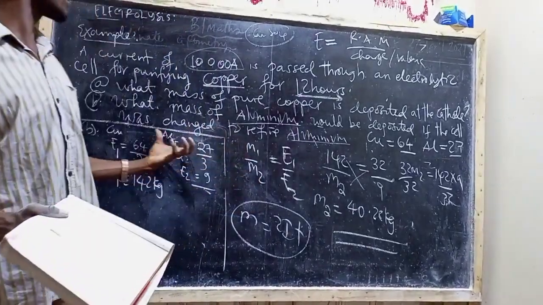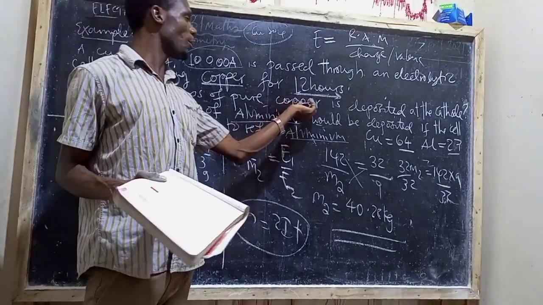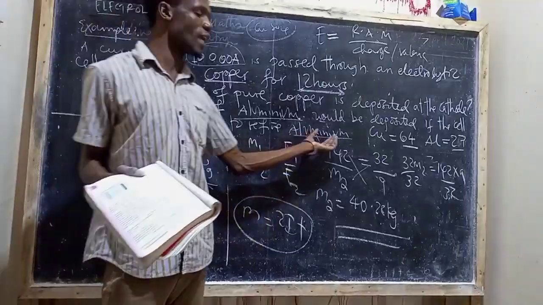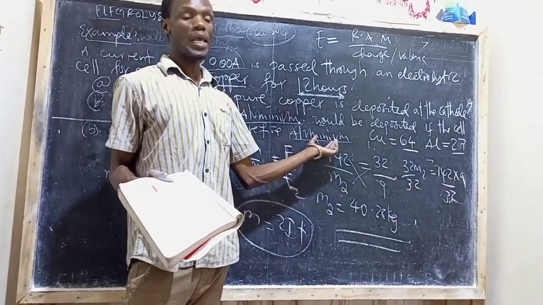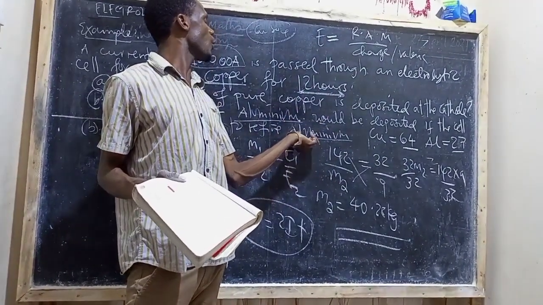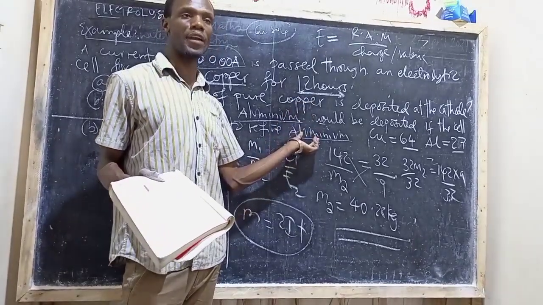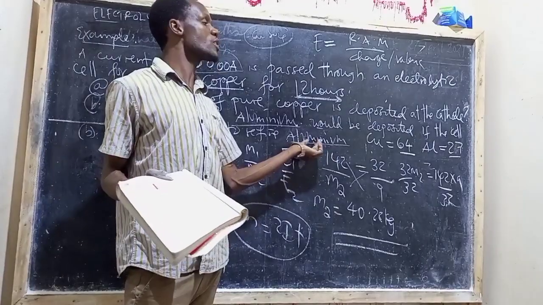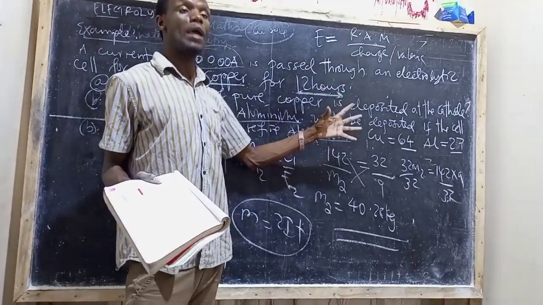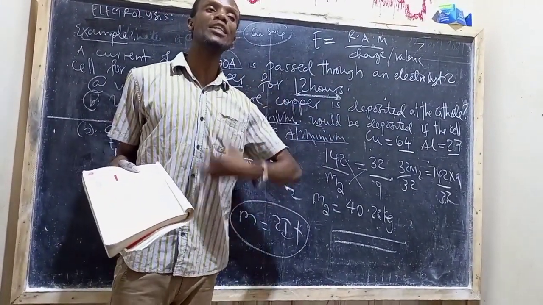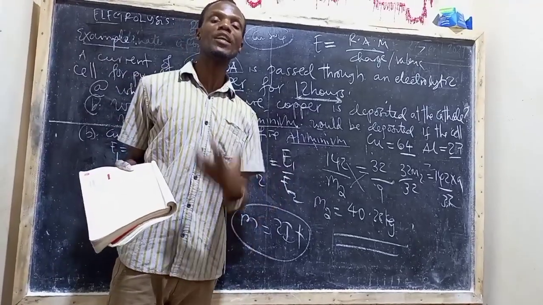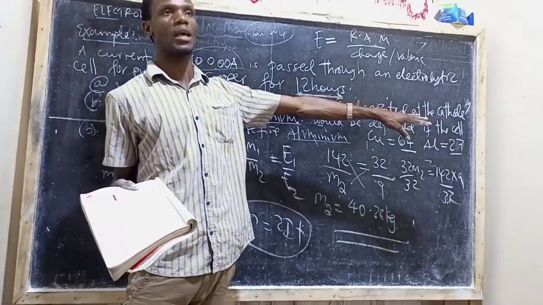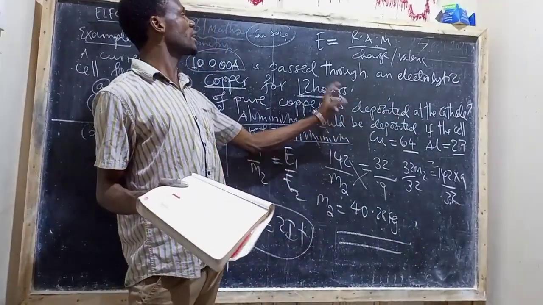The quantity of electricity used to deposit copper and the quantity used to deposit aluminium were the same. But the electrolytes are different: one may be copper sulfate, the other aluminium sulfate and so forth. They have the same quantity of electricity passing through them, and that is why it is applicable.